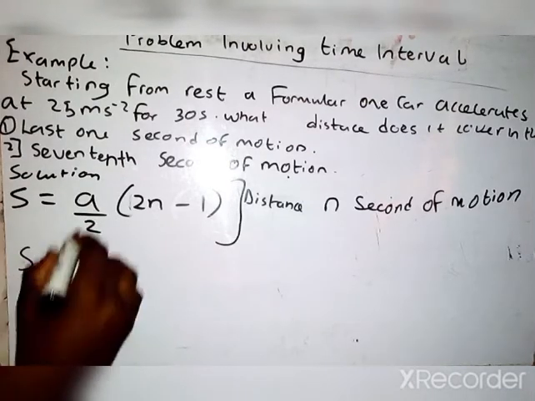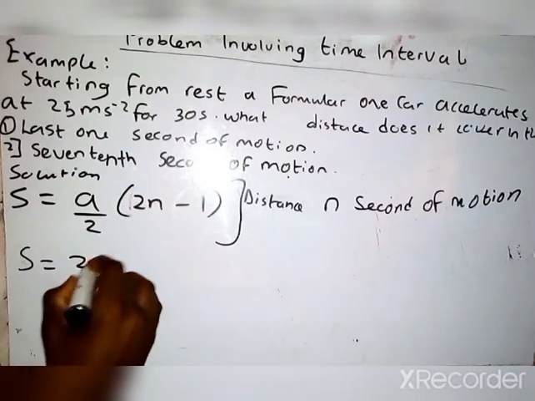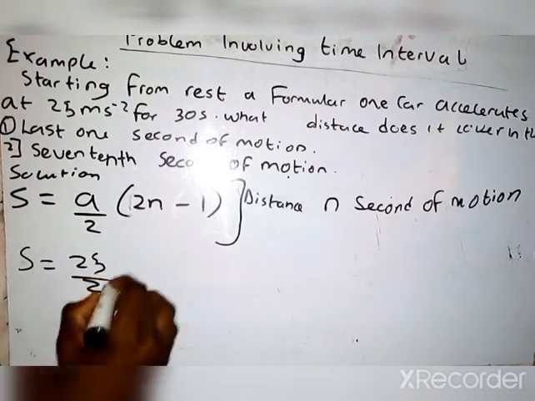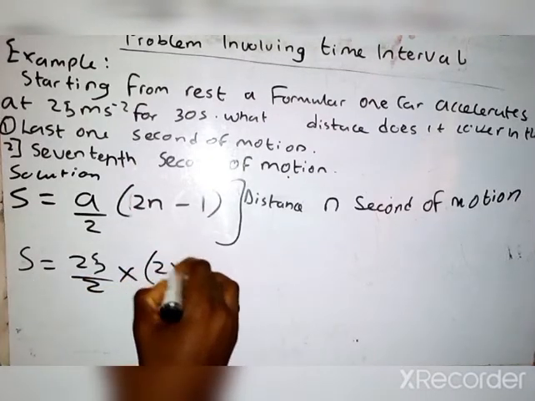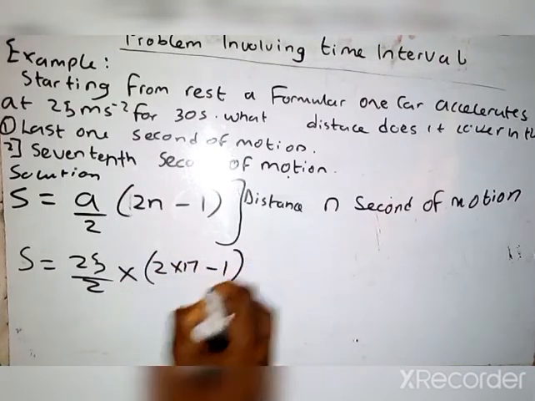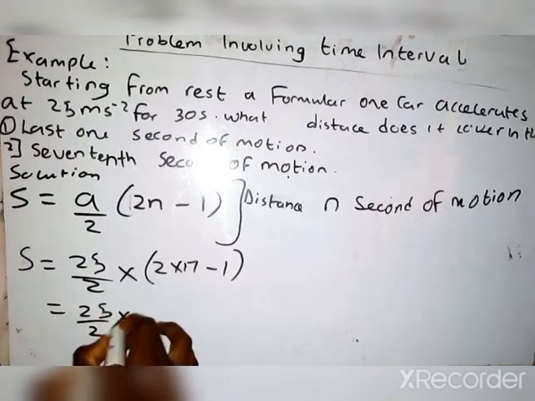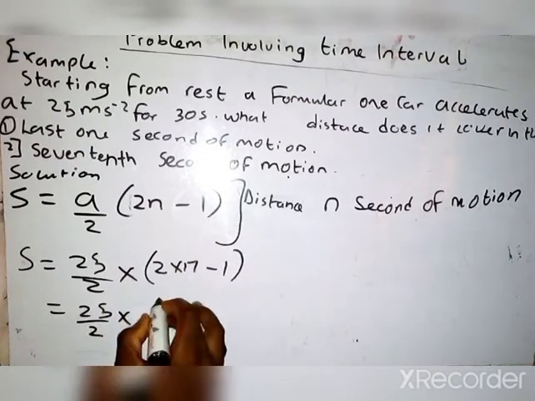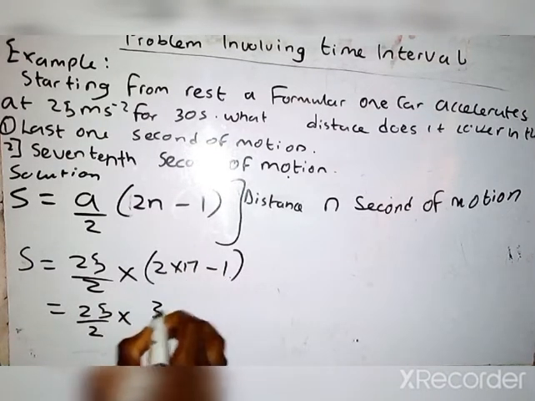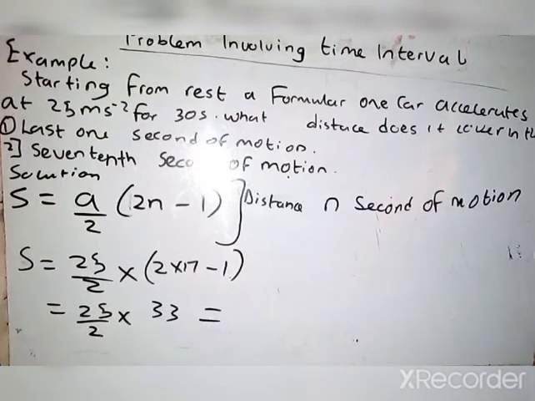Now our s will be equal to, our a here is 25 over 2 multiplied by 2 times 17 minus 1. So now I have 25 over 2 times, 2 times 17, that's 34, 34 minus 1, that's 33. So we are getting the same thing as the one we solved earlier.